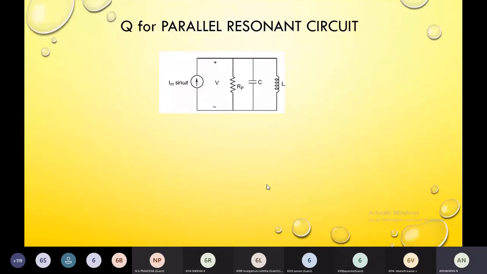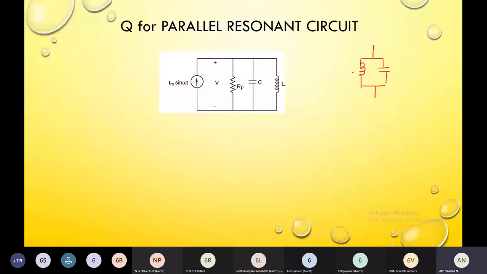So what is a parallel resonance circuit? All the components L, C, R will be in parallel to each other. Your tank circuit will have L and C. This is your general tank circuit.